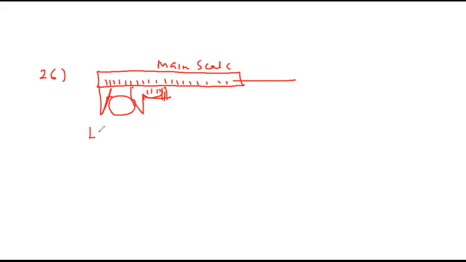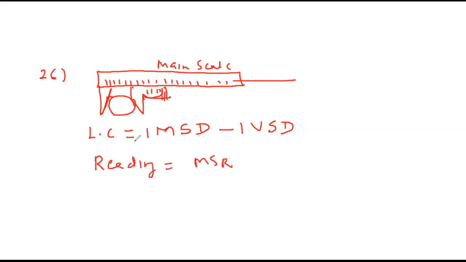So least count or minimum possible measurement in vernier caliper is given by one main scale division value minus one vernier scale division. And the reading formula is main scale reading, that is the main scale reading before the vernier's 0, plus least count into vernier scale reading, minus if there is some error.